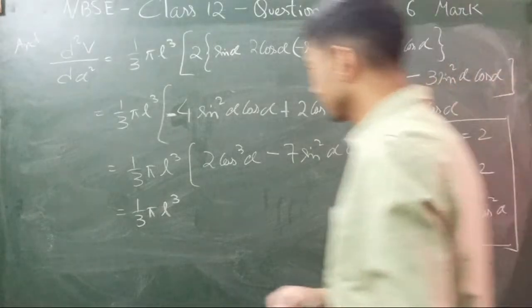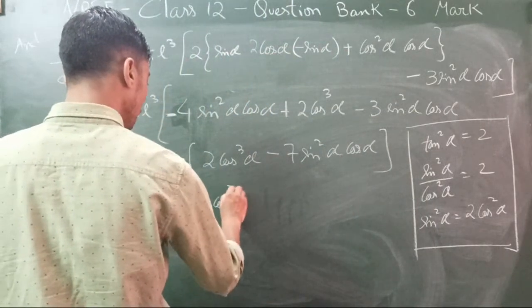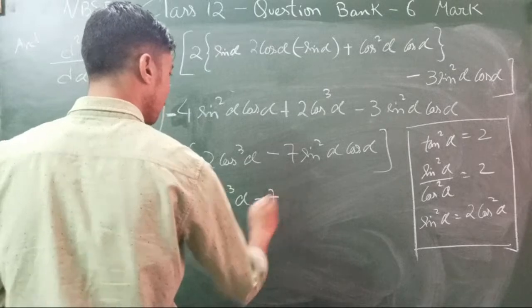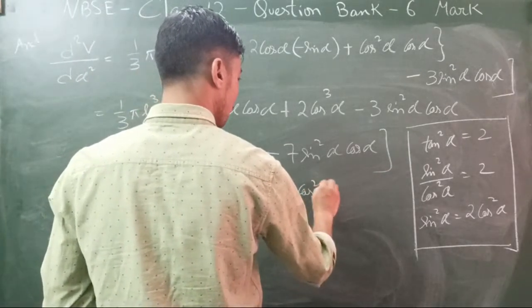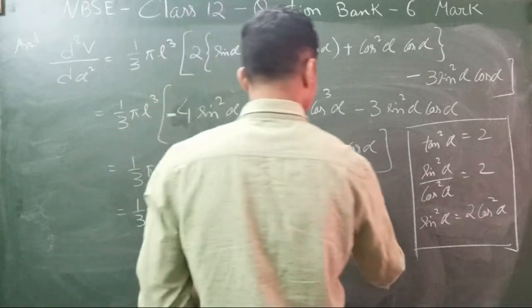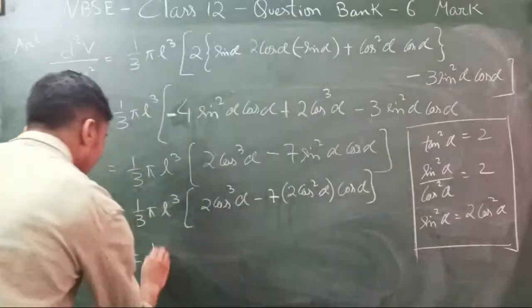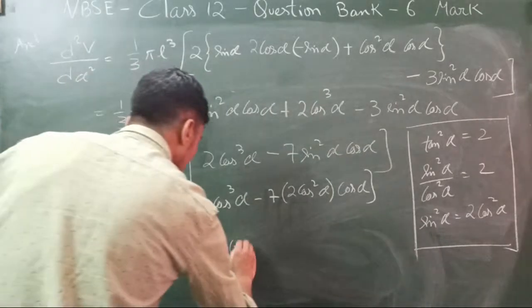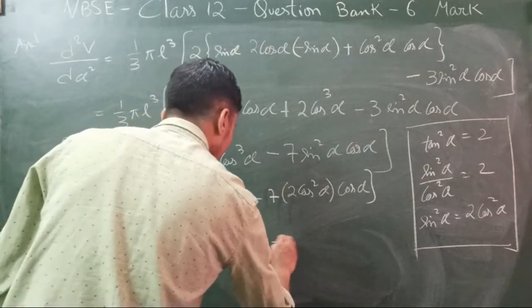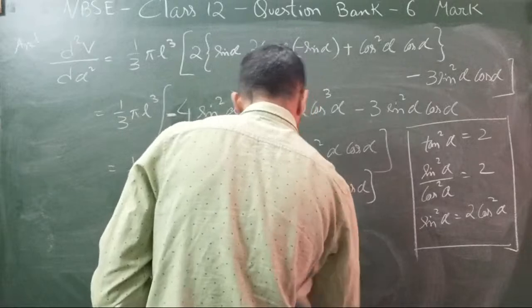So twice cos cube alpha minus 7 sine square alpha cos alpha I can write as 2 cos cube alpha minus 14 cos cube alpha.